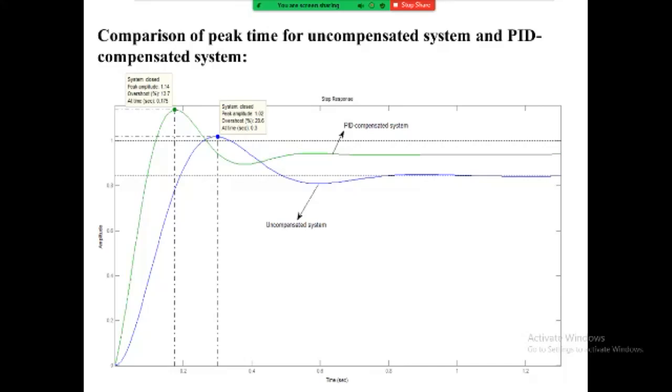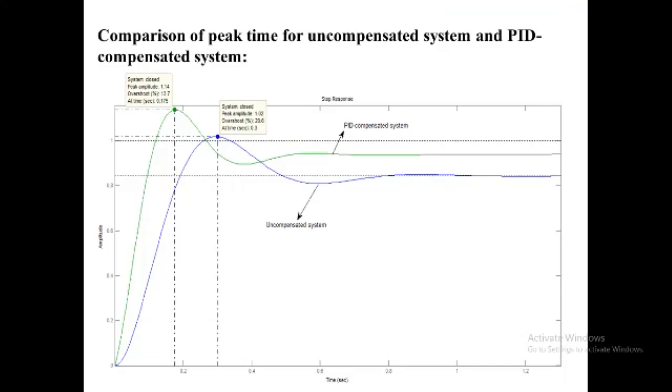The characteristic equation for a system is given by 1 plus G(s)H(s) equals 0, and since the given system is a unity feedback system, H(s) equals 1. Therefore, the characteristic equation is simply 1 plus G(s) equals 0. The transfer function G(s) of the PD compensated system, including the loop gain K, is given by G(s) equals K into (s plus 8)(s plus 55.8) over (s plus 3)(s plus 6)(s plus 10) in the denominator.